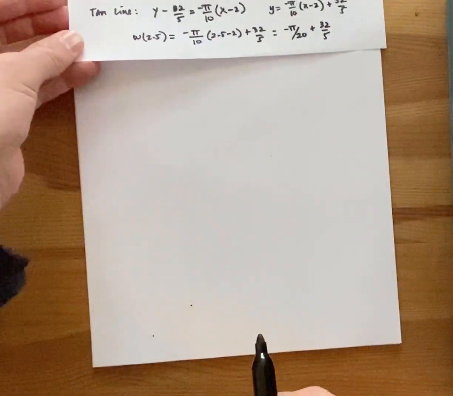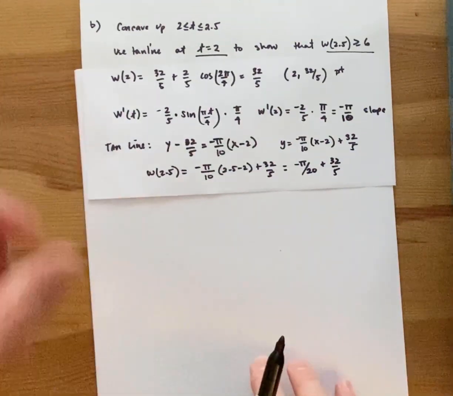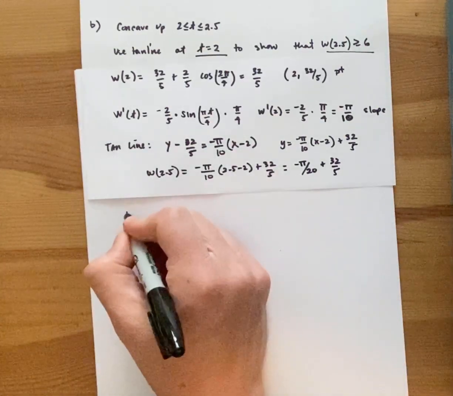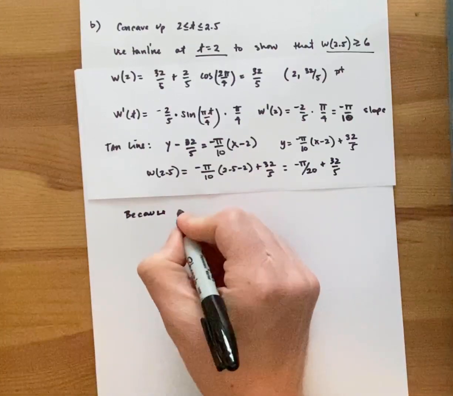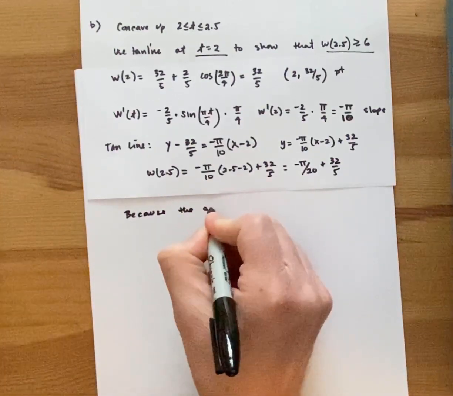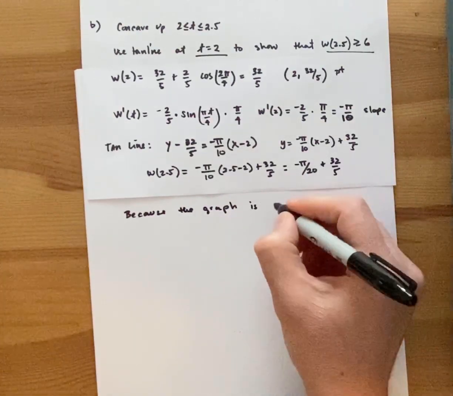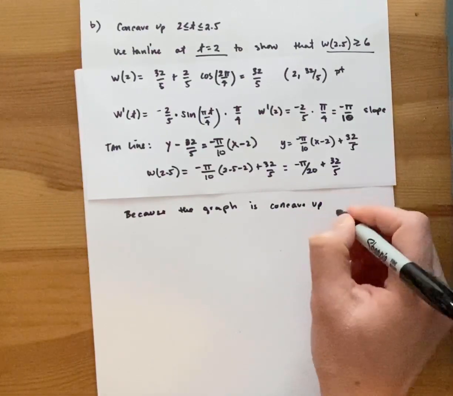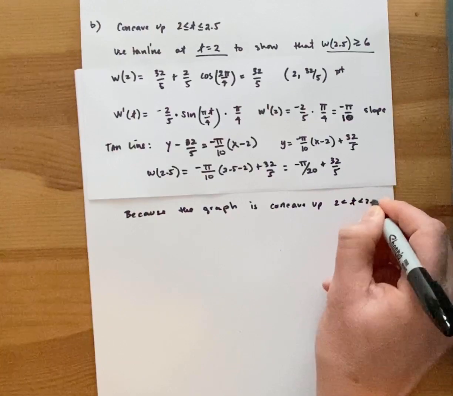So in order to do that, we're going to say that because the graph is concave up from 2 to 2.5, right?